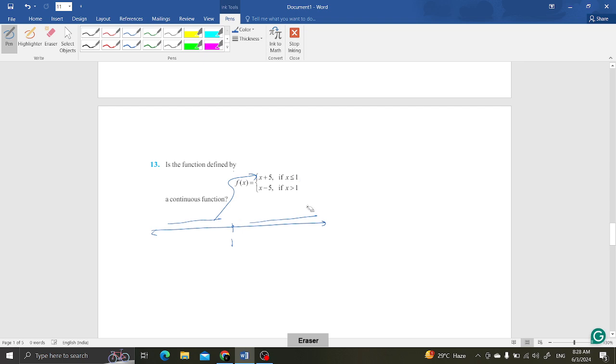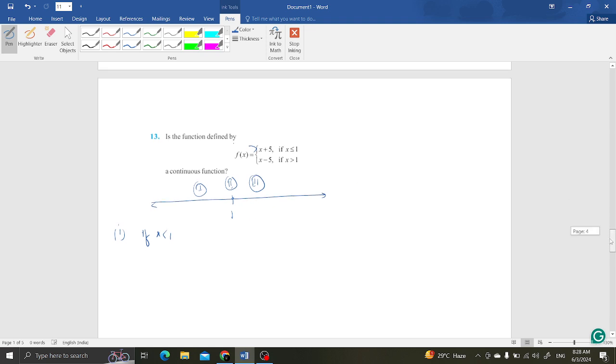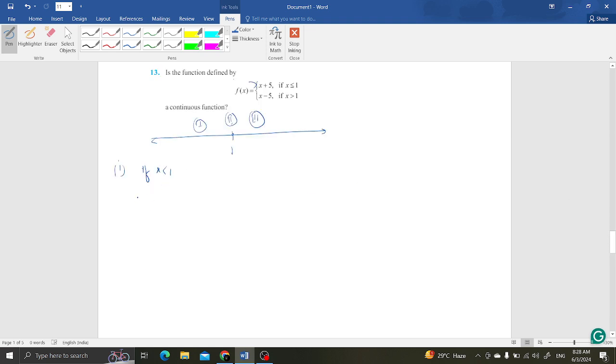So we have three cases. The first case is here, the second case is here, and this is our third case. Now the first case: if x is less than 1, how can we proceed?